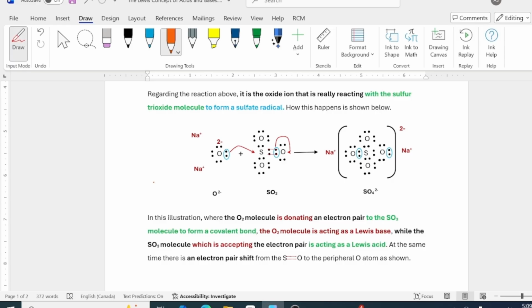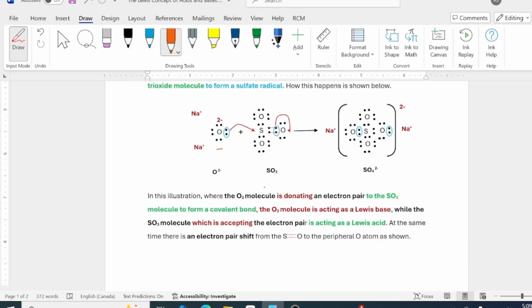Thus, it acquires an octet with 2 negative charges, as seen here. So in this illustration, the oxide ion is donating an electron pair to the sulfur trioxide molecule to form a covalent bond. The oxide ion is acting as a Lewis base, while the sulfur trioxide molecule, which is accepting the electron pair, is acting as a Lewis acid.